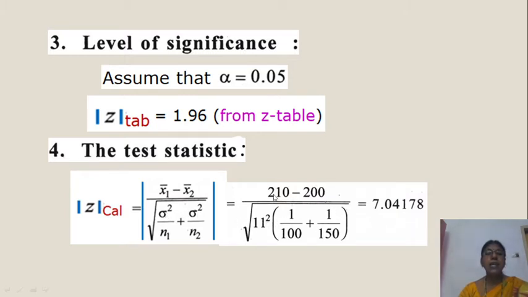So after calculation, this value is 7.04178, which is the calculated Z value. You observe from tables the Z value is 1.96. No doubt, this calculated value of Z, this 7 point something, is greater than 1.96. That means Z calculated is greater than Z tabulated value.